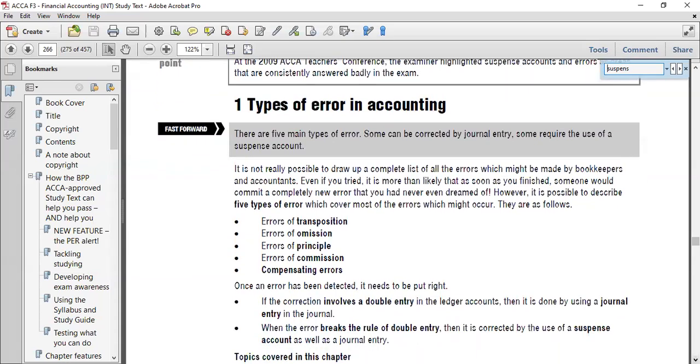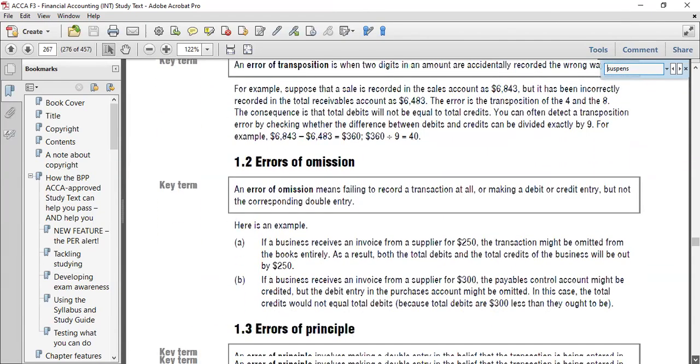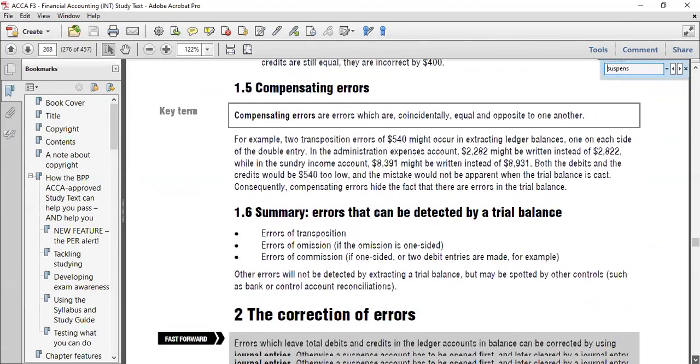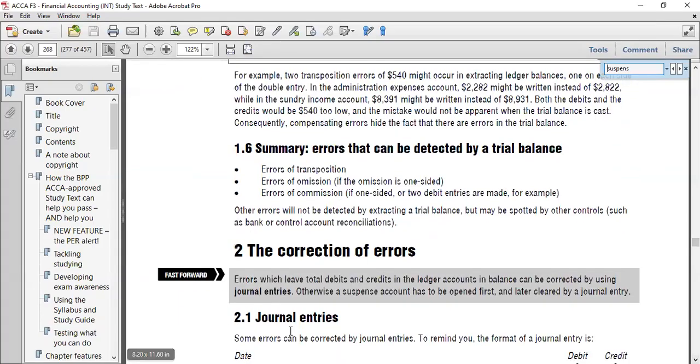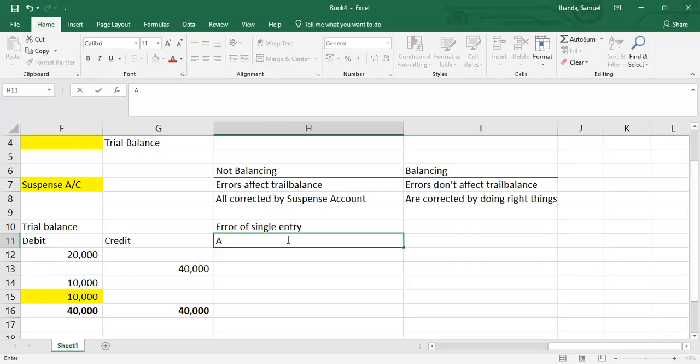So it shows you the different kinds of errors we have, and then it tries to also explain each of the errors. Okay, but I will not dwell so much here. I just wanted to bring it to your attention so that I don't forget. So single entry, I've tried to explain that. One of the other errors that you may also come across is the arithmetic error.